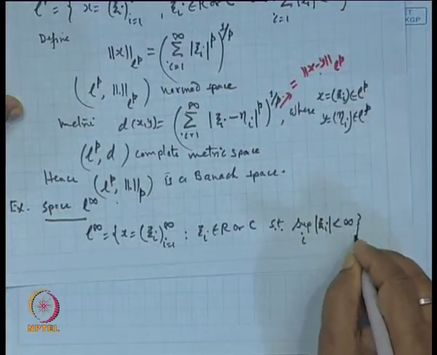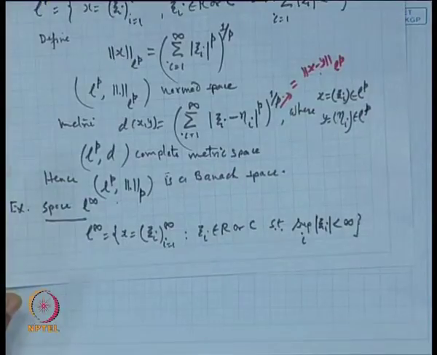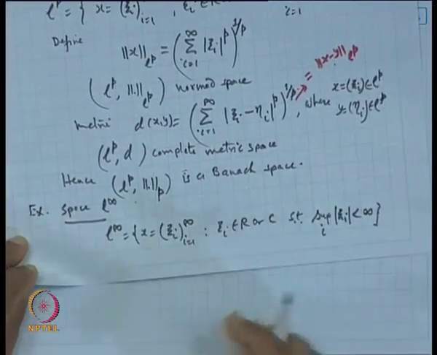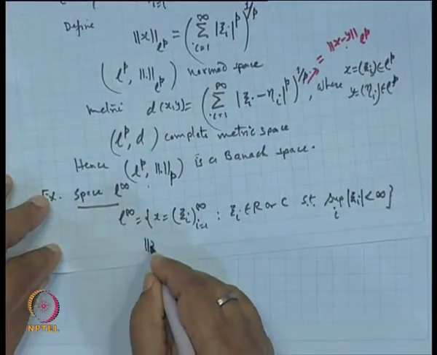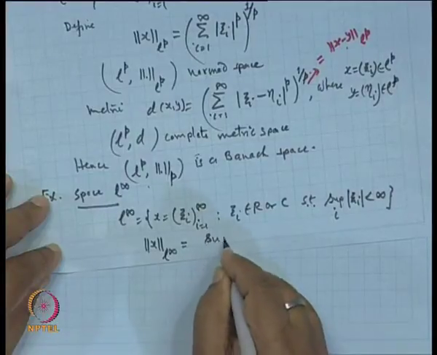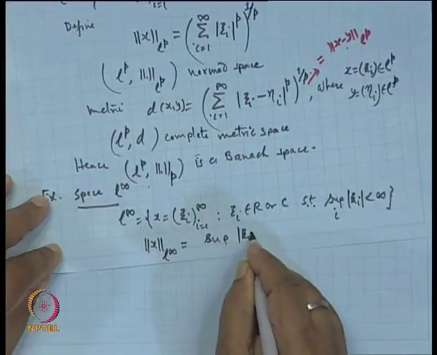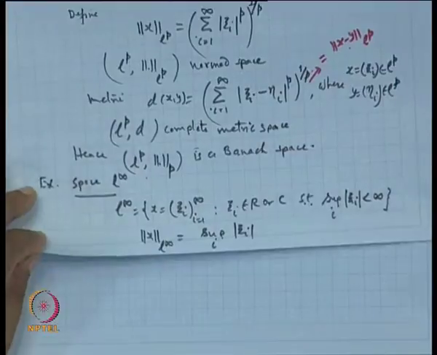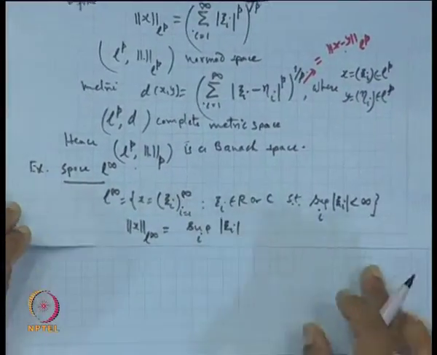On it, we introduce the concept of the norm as the supremum of |x_i| over i.